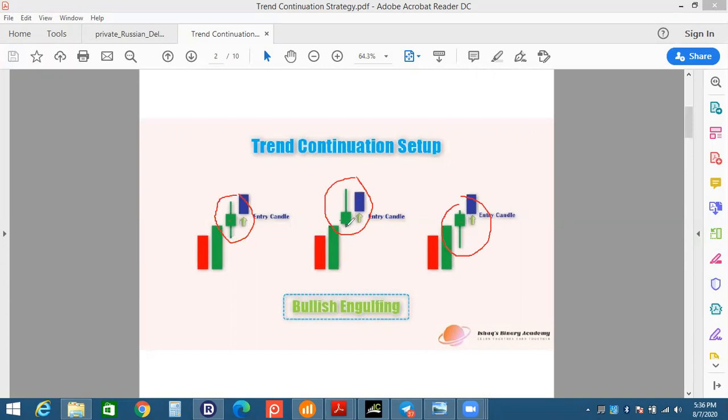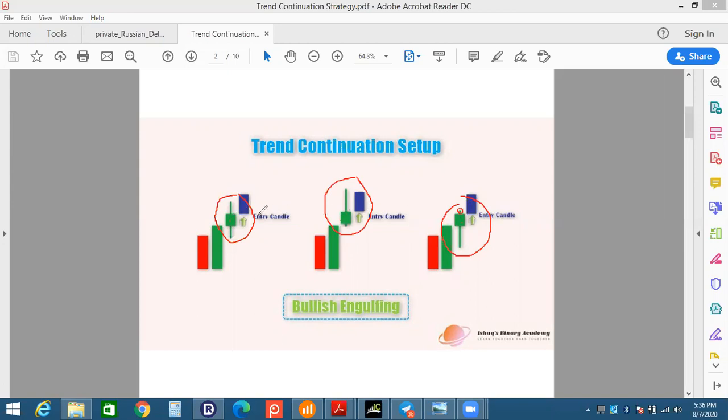If there is no wick, you can count. If there is no wick here, you can count. So when you see the engulfing pattern appear, after the engulfing pattern we wait for the retracement candle. When you see the spinning top, inverted hammer or any pin bar as the retracement candle, the color must be green.